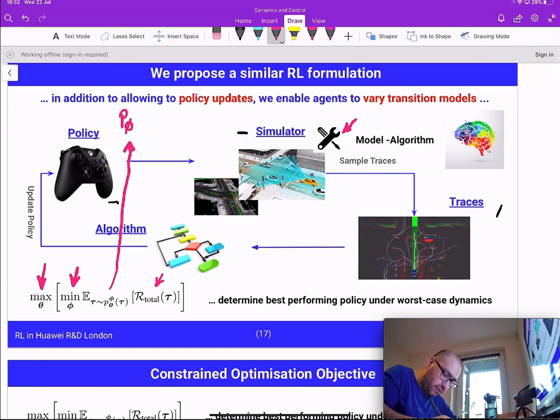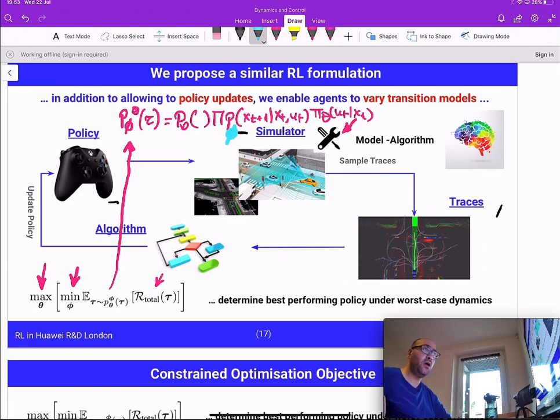For those of you who've seen the previous lecture, it's nothing but p0, then a product over x t plus 1 given x t, u t, and then the policy pi theta of u t given x t. What we effectively introduced here is another phi that is capable of changing the transition dynamics.